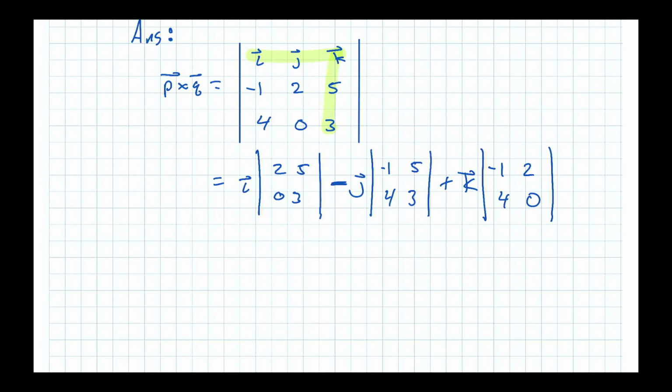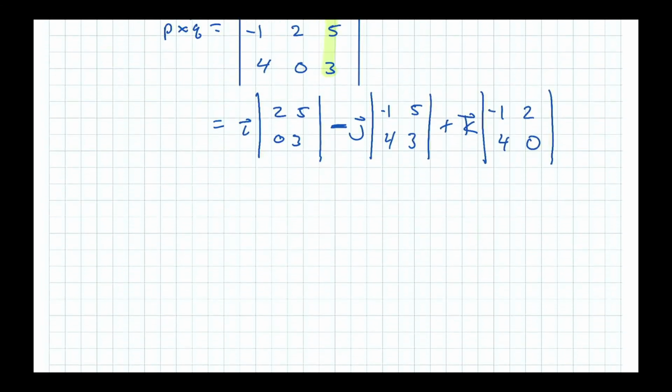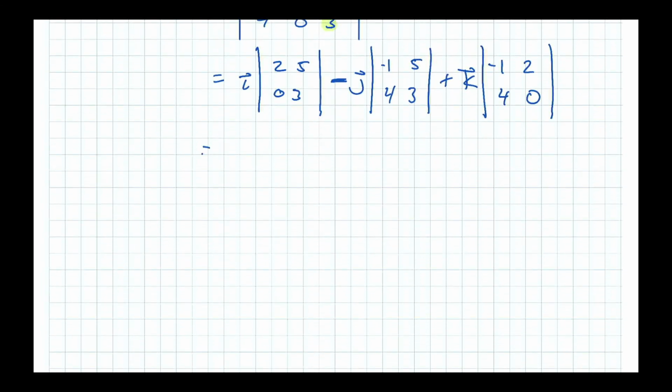All right. So you go from that determinant definition, expand along the top row, and then you calculate these 2 by 2s. So you got I times parentheses 2 times 3 is 6 minus 0 times 5. And then you got minus J. Work this one out. -1 times 3 is -3.